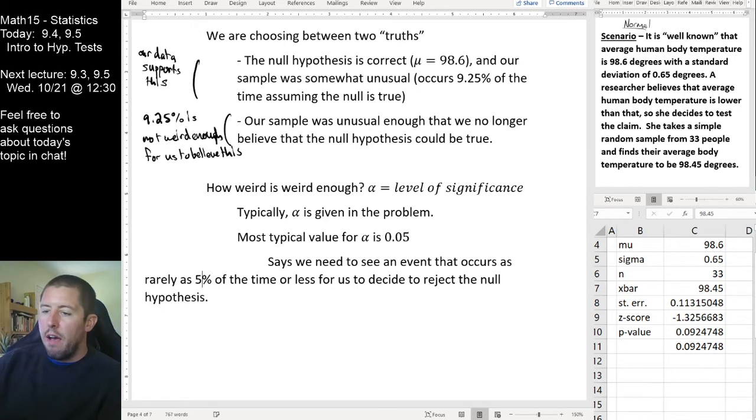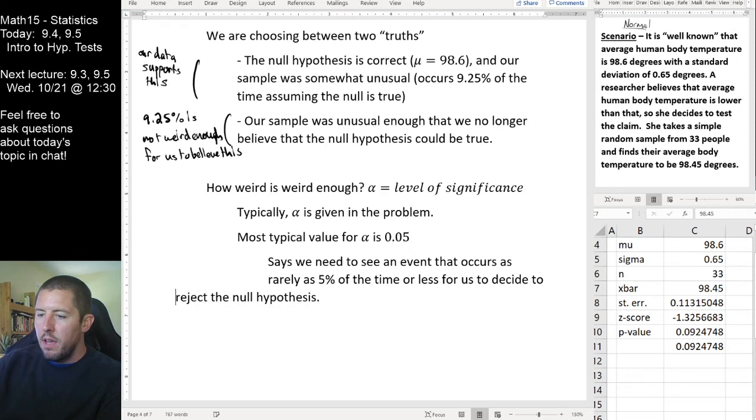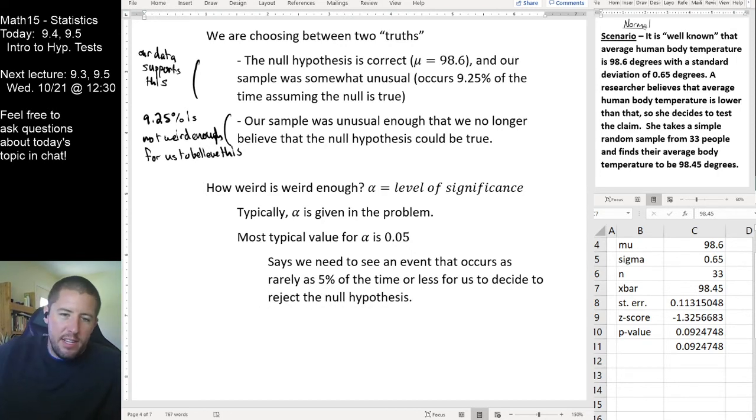And here's the issue with alpha values. I said a minute ago that people get all up in arms about misuse of p-values. People are about 5 times more upset about improper use of alpha values here. But again, we're going to talk about a bunch of these things. We just kind of want to get our base established right here.